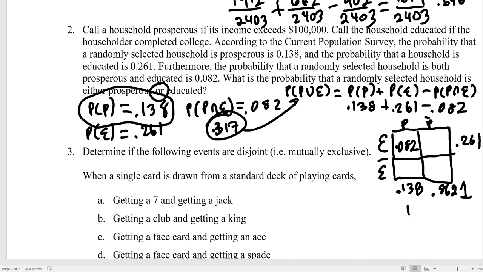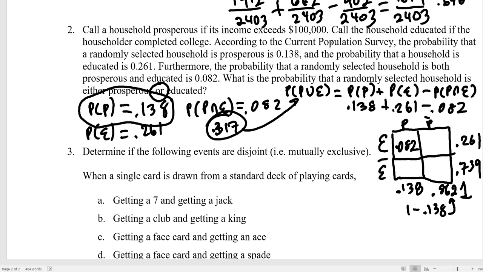That is 1 minus 0.138. Same with this. If the probability of being educated is 0.261, the probability of not being educated is the complement, 0.739. These should total to 1 on the row or the column.